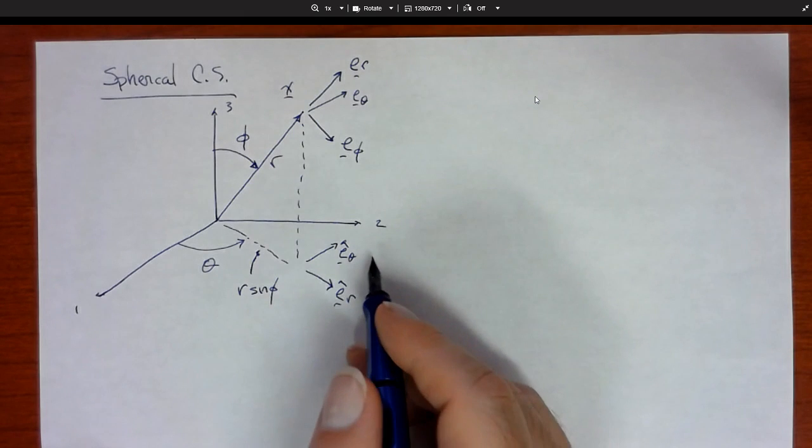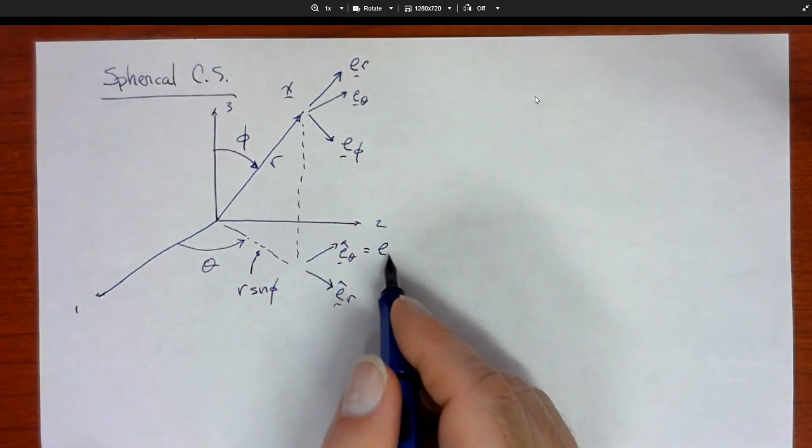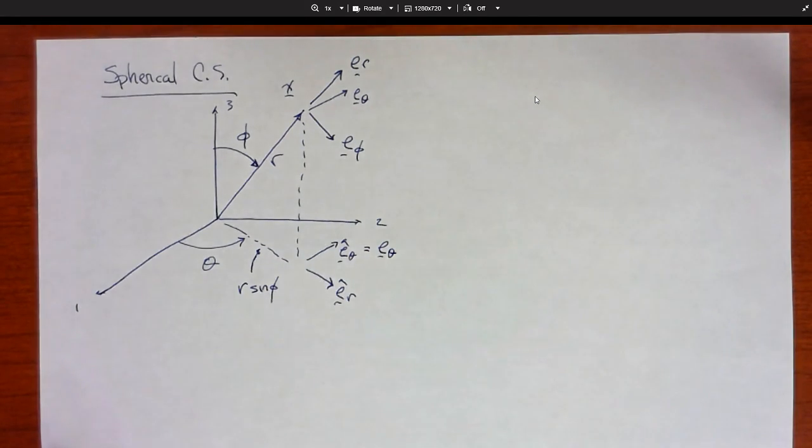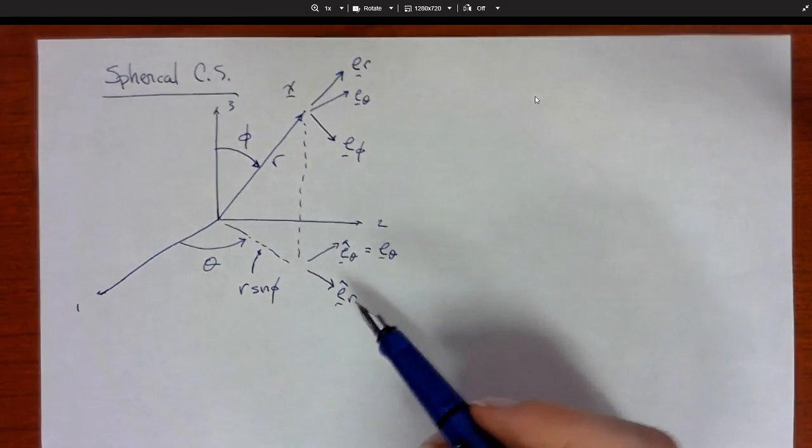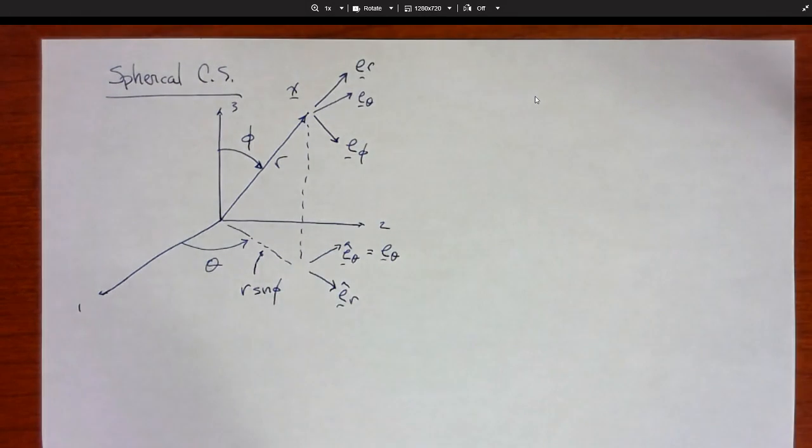But that actually happens to be identically equal to E theta in the spherical coordinate system. So those happen to be the same. This ER is not the same as this ER, right? Okay. All right. So let's try to figure out some of these things.